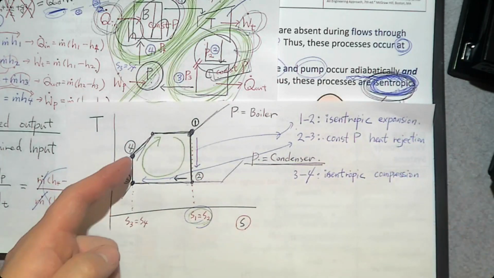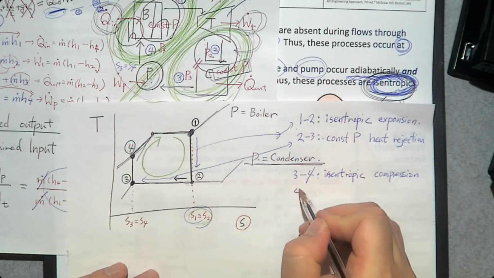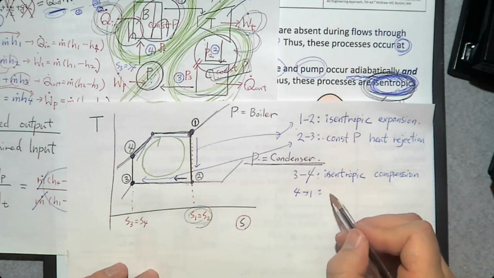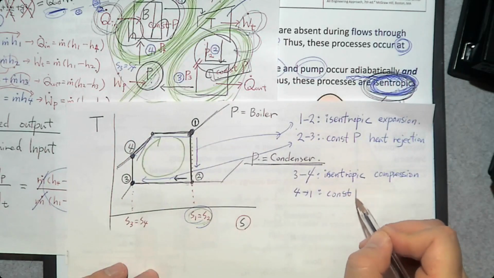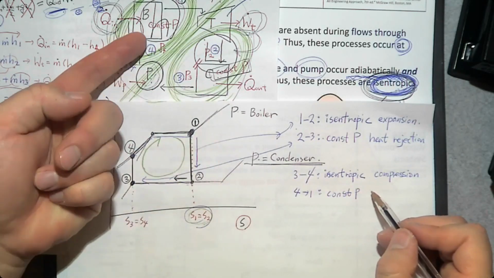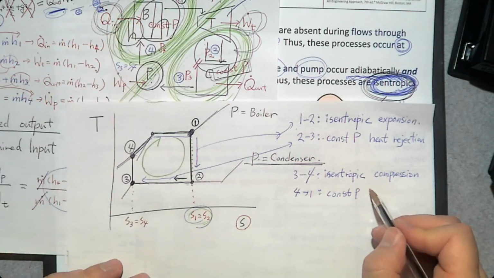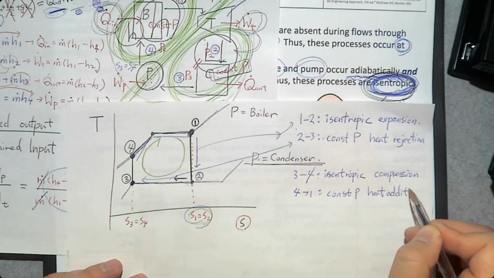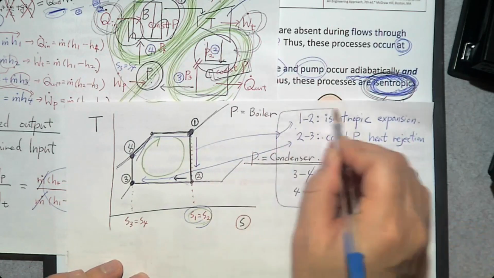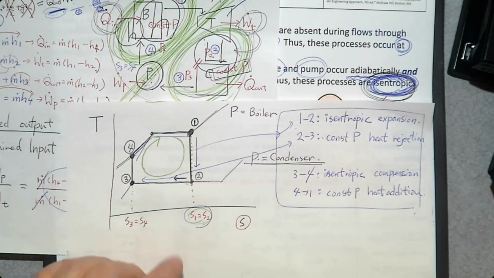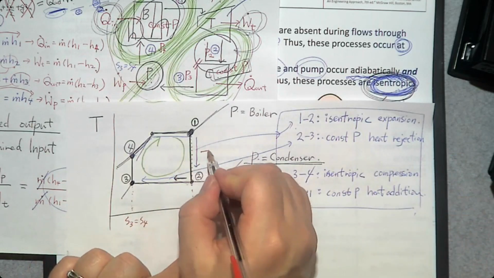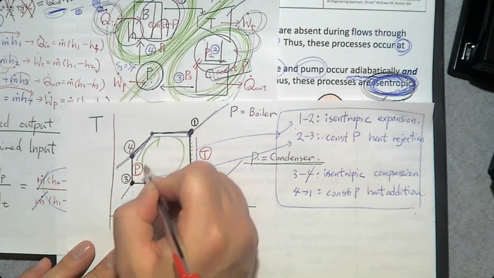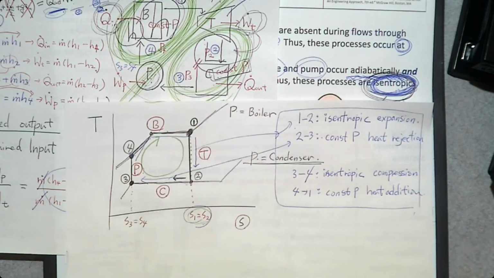And finally, we have process 4 to 1, that is constant pressure. Heat is added to the system, heat addition. So there are 4 processes by turbine, condenser, pump, and boiler. So that's what happens.